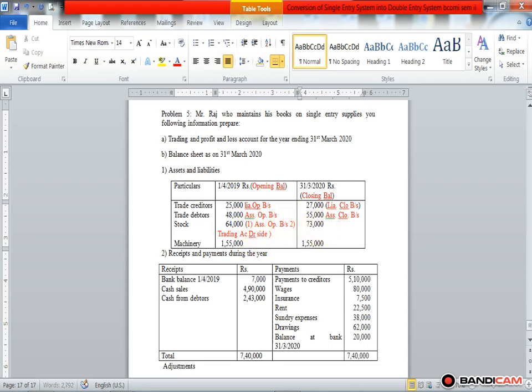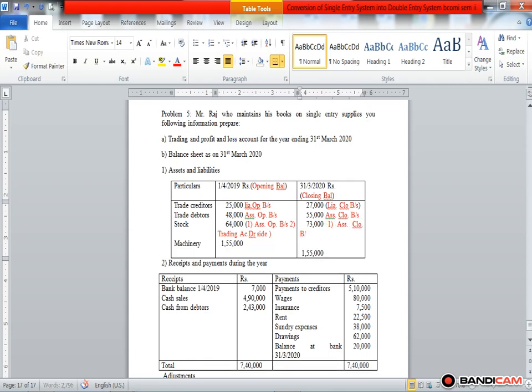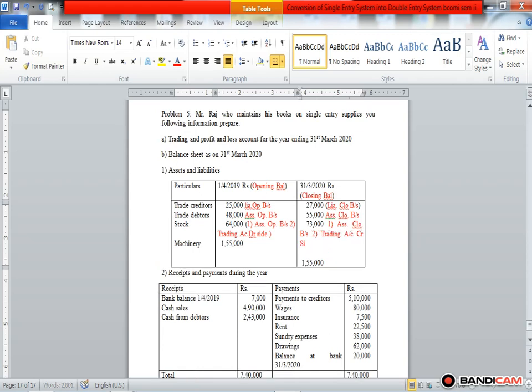For closing stock, first effect asset side, closing balance sheet, and second effect trading account credit side.